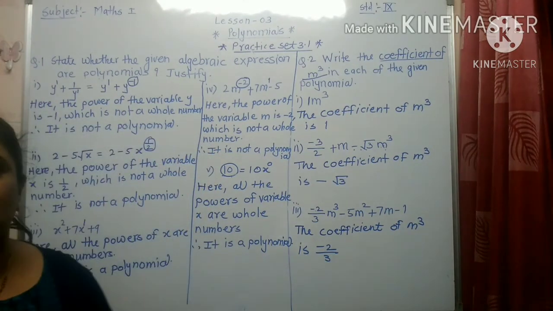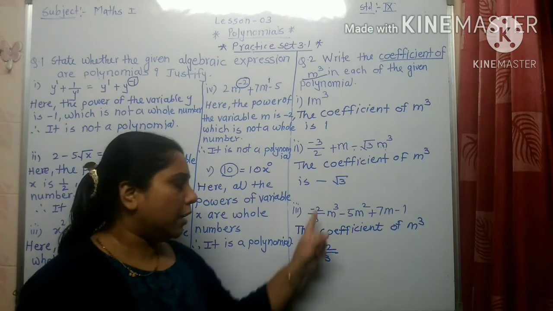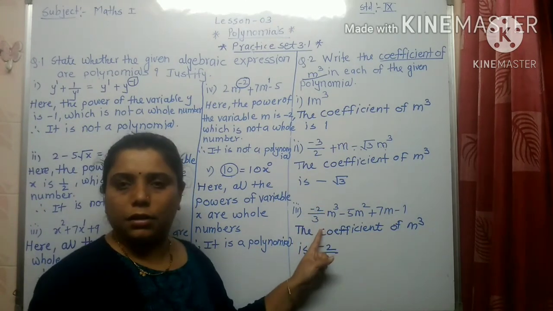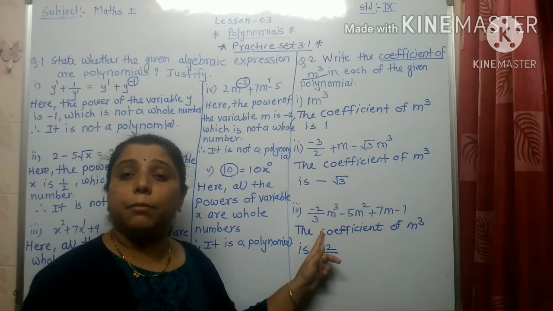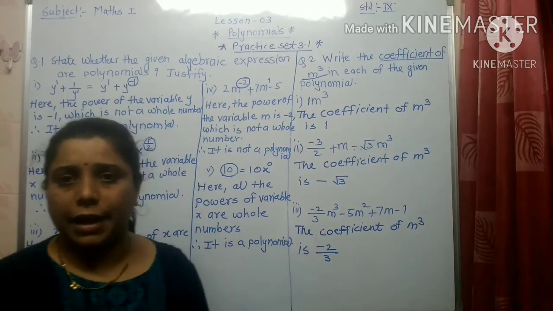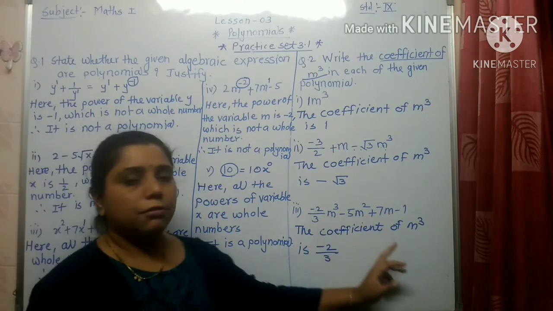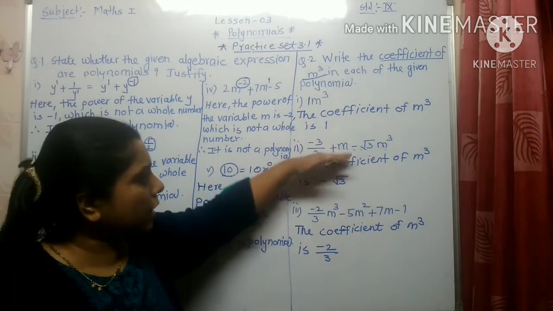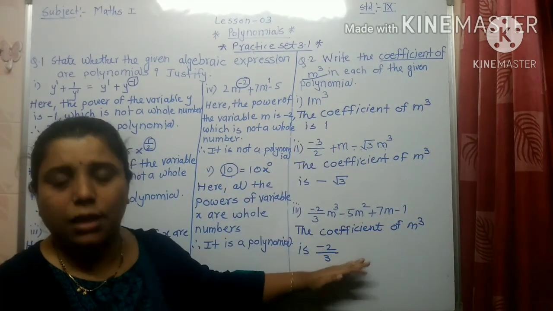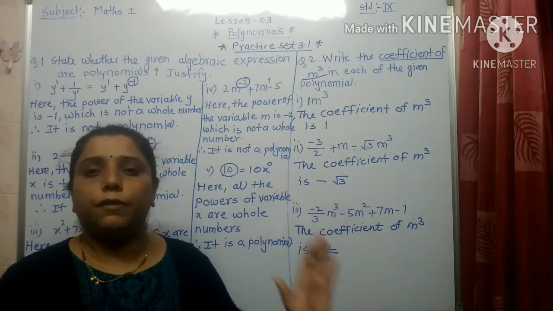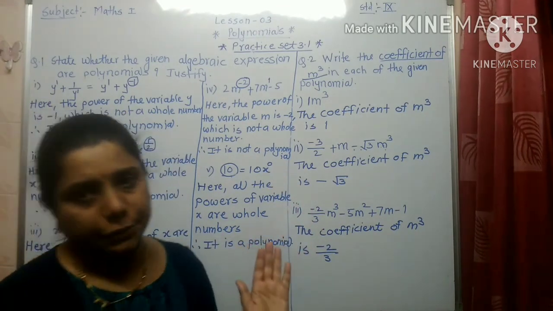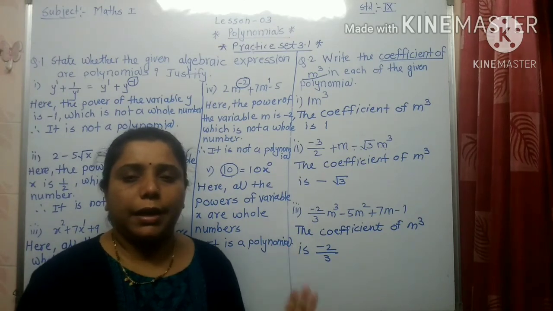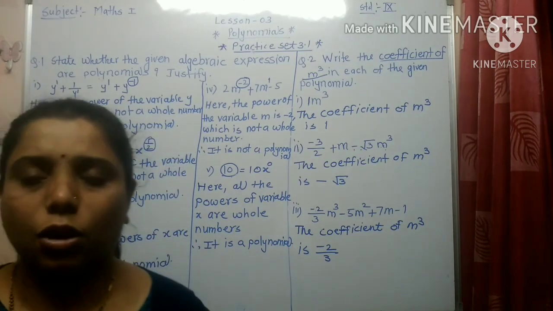Now here in this case, if you are observing, we are focusing on the coefficient of the m cube term only. So we are writing the coefficient which, in all the three algebraic expressions, they ask for the coefficient of only the m cube term, not the remaining terms. Understood? Any doubt, any difficulty? Copy this, sir.